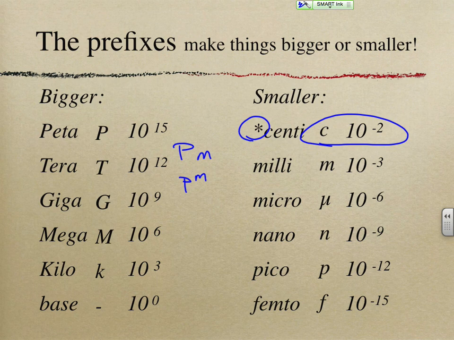Slightly. Big P is 10 to the 15, so that's a 1 with 15 zeros: 3, 6, 9, 12, 15. That's a lot of meters. But if we have a little p, then we're at negative 12.